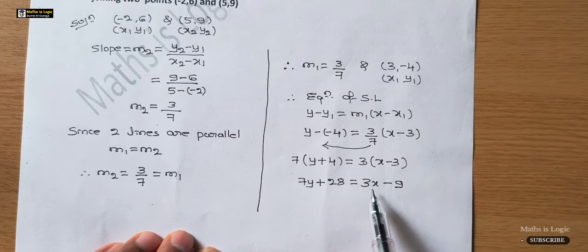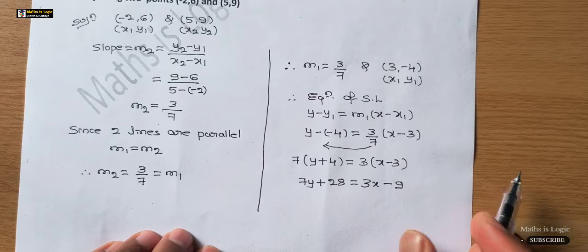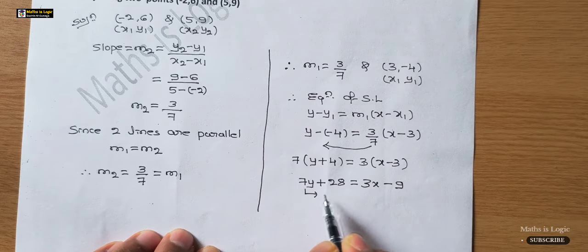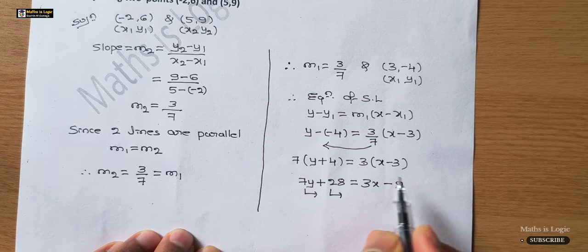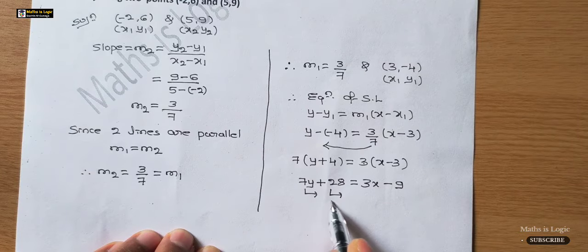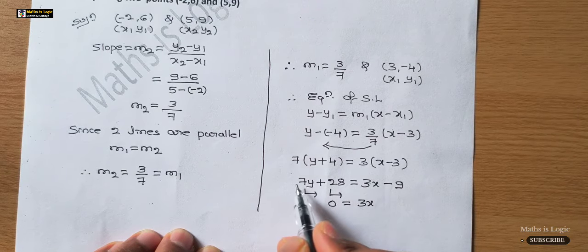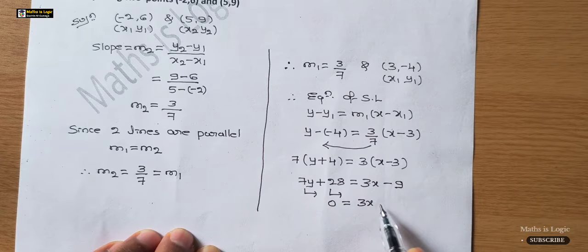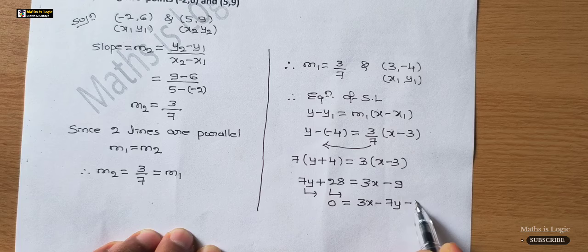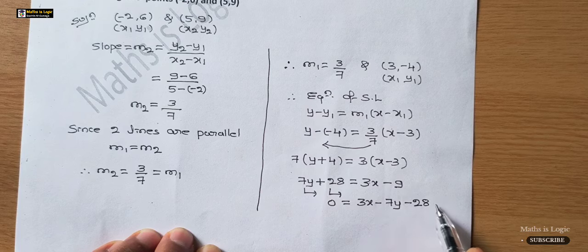Again x contains positive sign, so because of that reason I am going to shift plus 7y plus 28 to right hand side. So that time 0 is equals to 3x, I am going to keep it as it is, plus 7y becomes minus 7y, plus 28 becomes minus 28, and minus 9, keep it as it is.